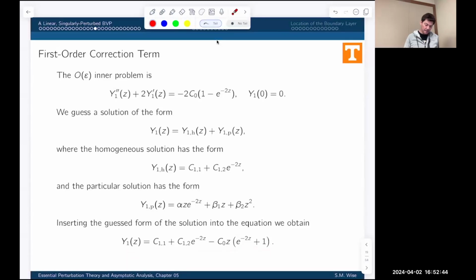Okay, so the homogeneous solution or the particular solution simplifies quite a lot. I just get a z e to the minus 2z and just a constant. So, well, let's see. Did I do that? Oh, no, sorry. It's a linear term, c0z times that.